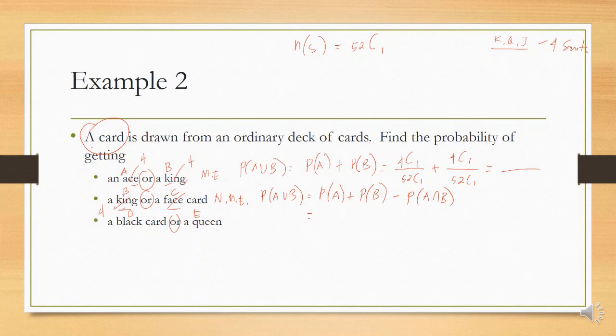So, 3 times 4, ibig sabihin ay 12 face cards tayo. Kuha? Ayan. Meron kang king, queen, and jack sa hearts. Another set sa spades, etc., etc.